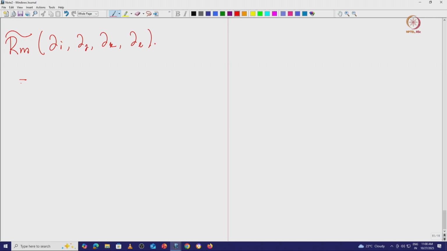So by definition also, because these vector fields commute, this is the same as this, right.